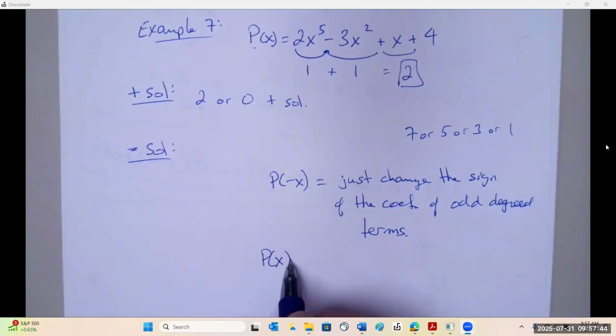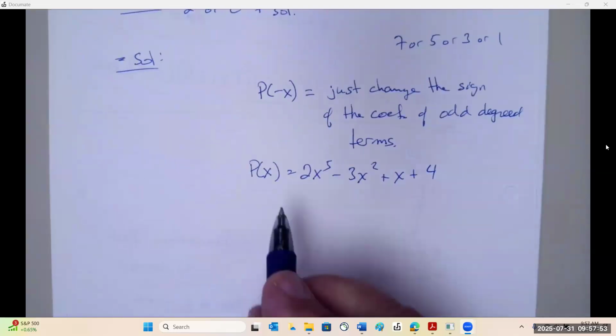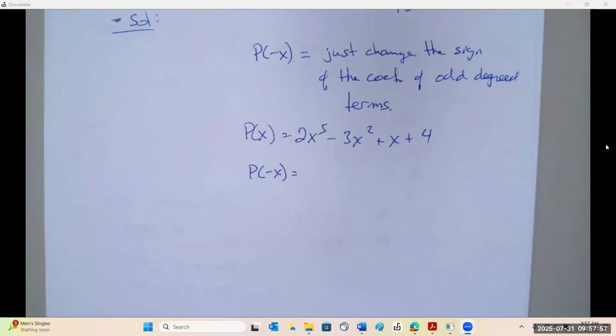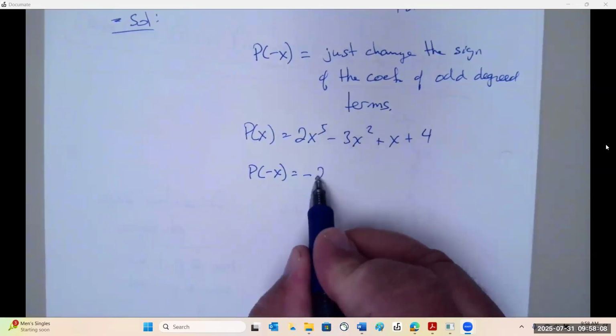So our original one started off with 2x to the 5th minus 3x squared plus x plus 4. For the negative x, which ones change signs? Is this an odd or even number? Odd, so it changes sign.